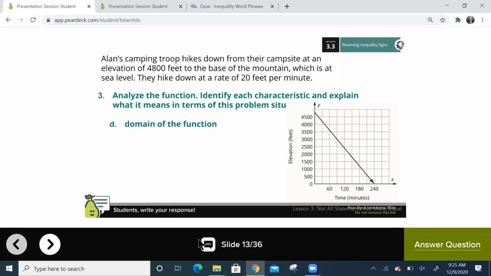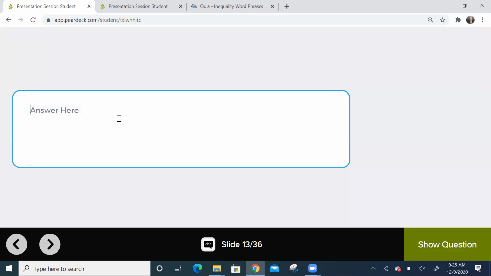What's our domain? If you remember, our domain is our x value. So our domain would be from 0 to 240.